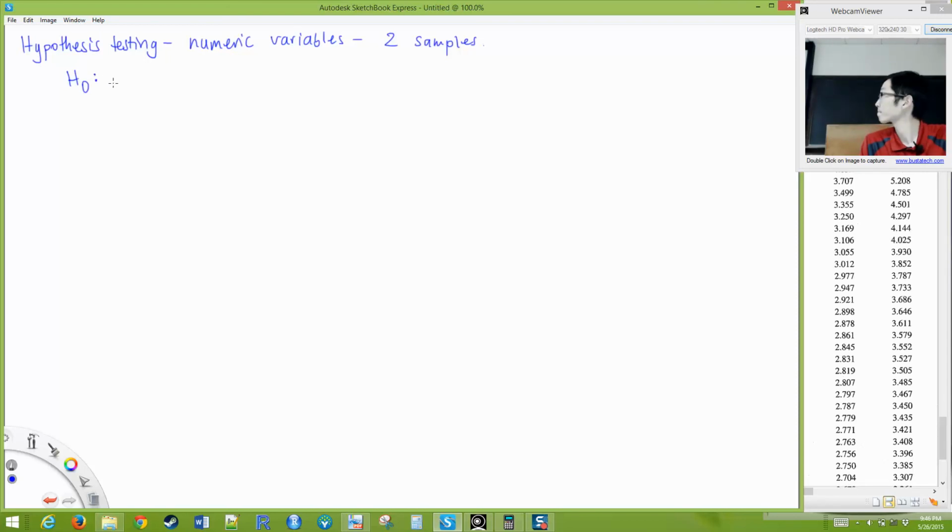The null hypothesis is always going to be mu1 equal to mu2. This is always. Okay? And then the alternative, mu1 not equal to mu2, or greater than or less than, again depending on how the problem is written.